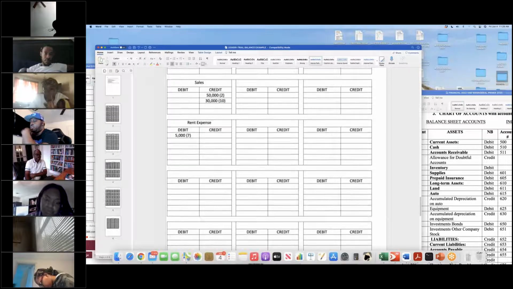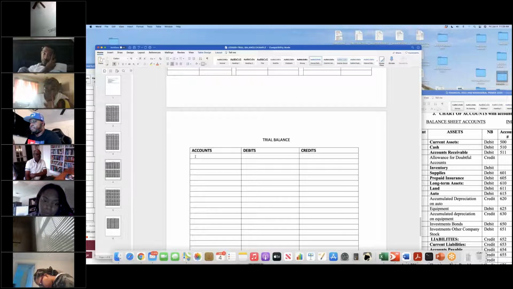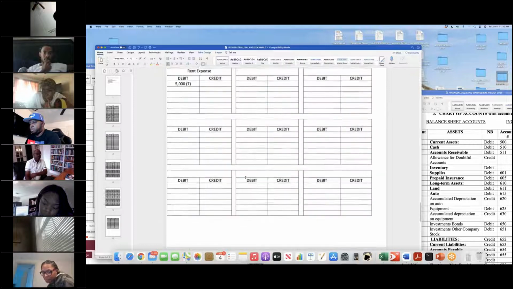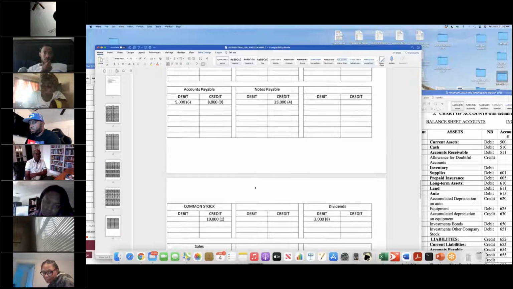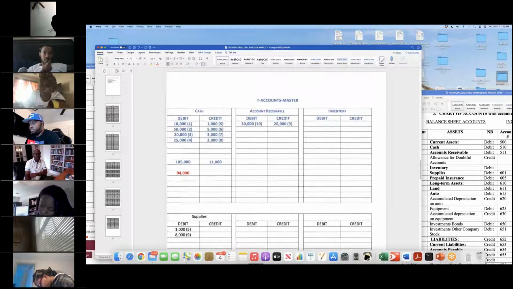And having done that, we can now go to our trial balance where we're going to list all of these accounts. Put cash in and say cash has a balance of 94,000 on the debit side. Next, we're going to go to receivables. It has a debit of 30 and a credit of 20.